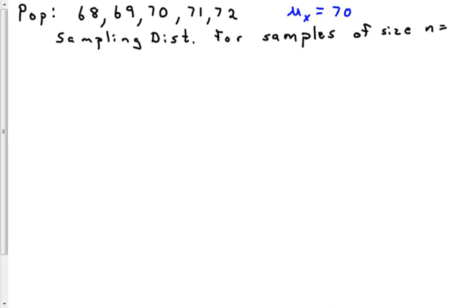N equals 2. That's our sample size that we're going to be dealing with. In creating this, we need to look at the sample and the corresponding average, X bar. That's the data point.